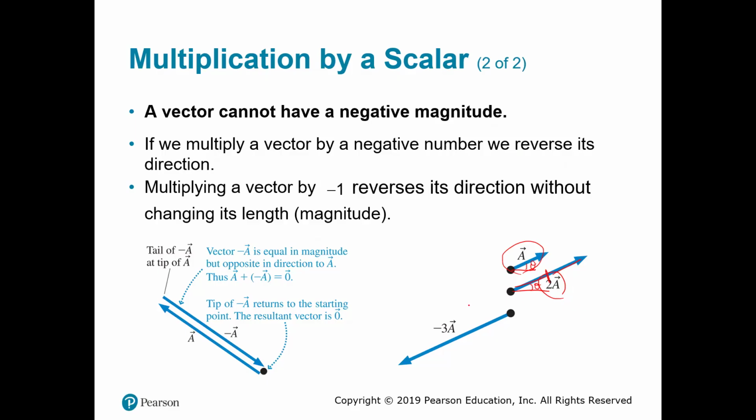But if you have a minus 3A vector, that means you have to switch the direction to the opposite. That's what minus actually indicates. And then the 3 here indicates the length is again 3 times greater, right?